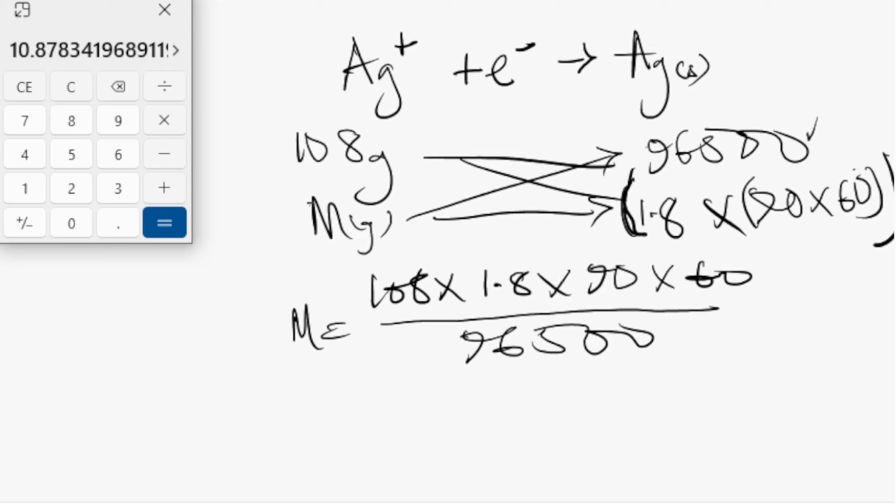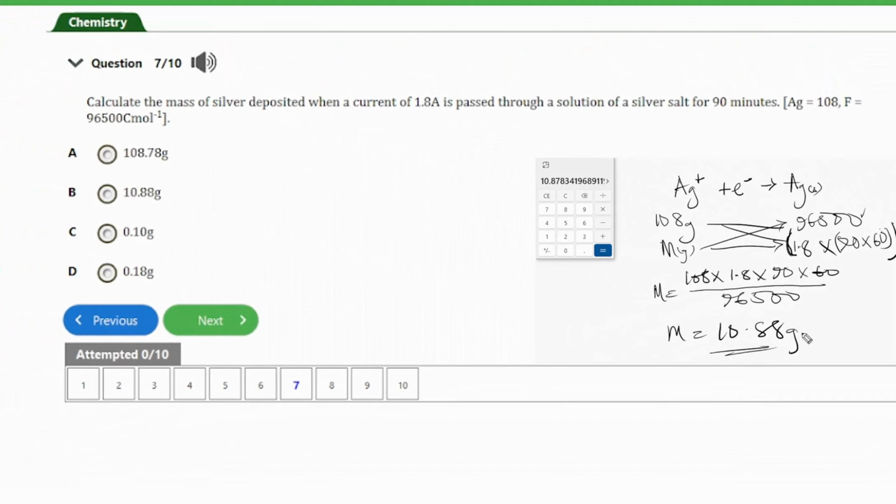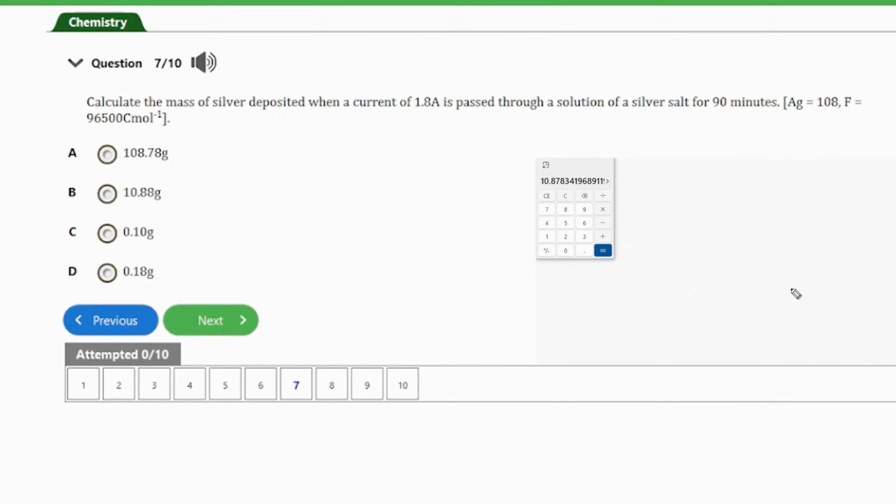So guys, this is 10.878. So this is approximately 10.88 grams. So that's it for this question, and the right answer to this question here is option B.